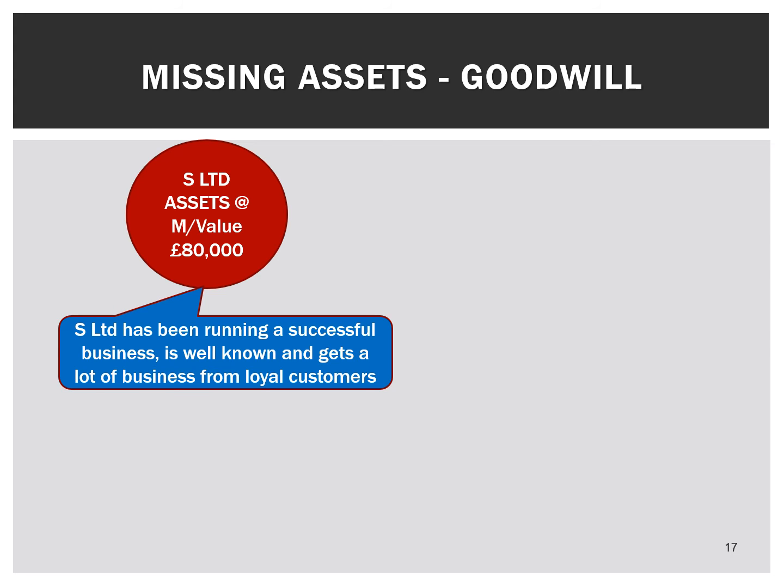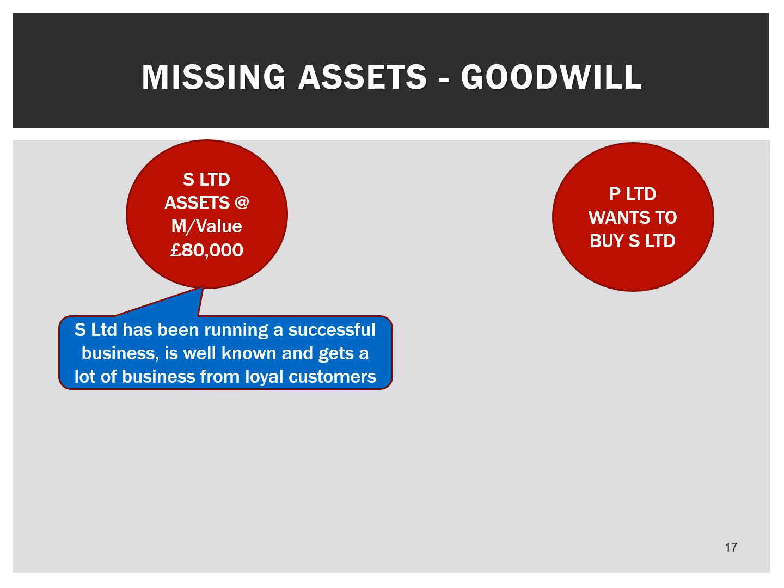It's built up a lot of customer loyalty, it gets repeat orders, it's got a good reputation in the marketplace. Now, if P Limited comes along and wants to buy S Limited from the existing shareholders, they won't be happy with just the £80,000 balance sheet asset value. They'll want a payment for the business's reputation, the customer loyalty, the brand awareness, and that's what's termed goodwill.